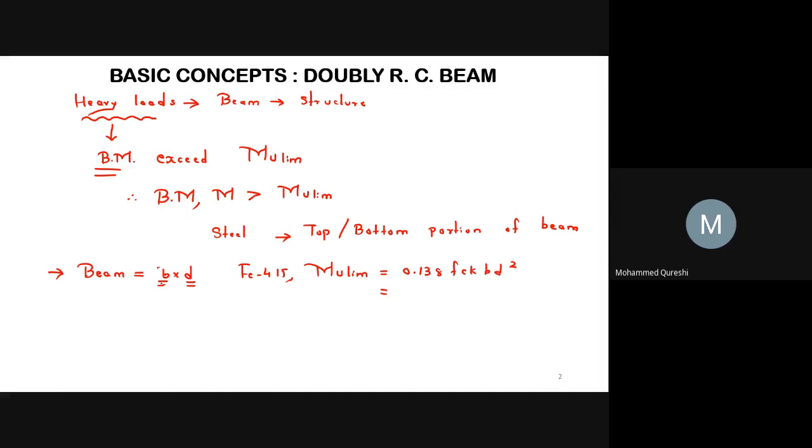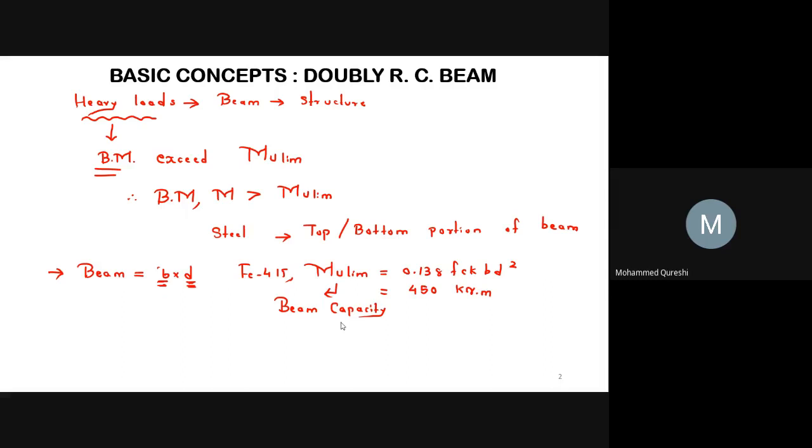So assume some value of B and D. So we will get approximate Mu limit equals 450 kilonewton meter. What is Mu limit? Mu limit is nothing but your beam capacity, as we had discussed in Singly RC beam.